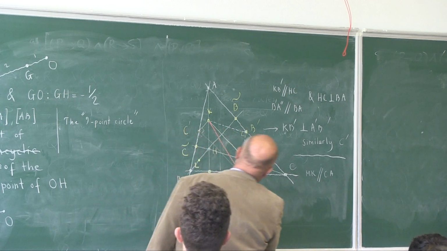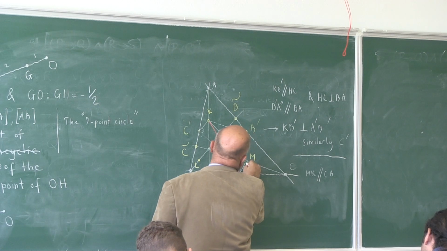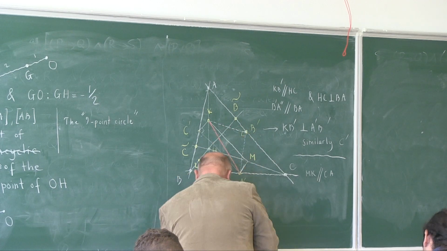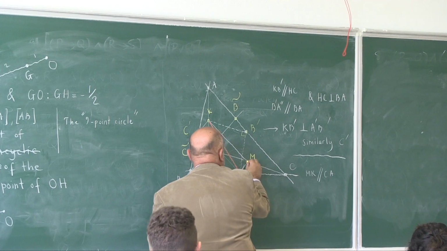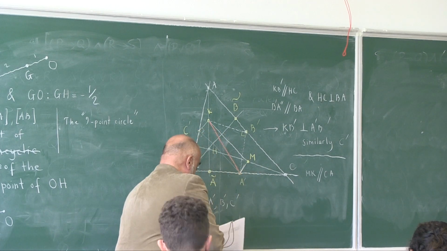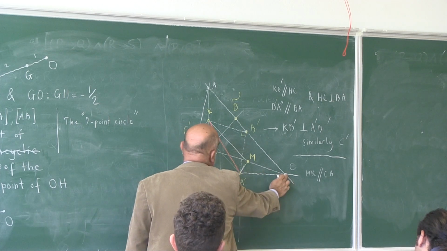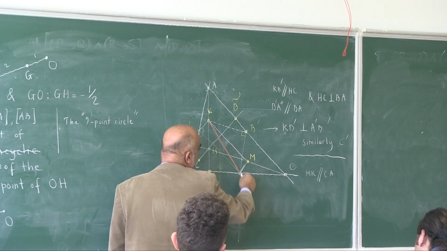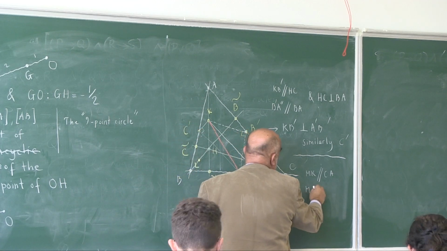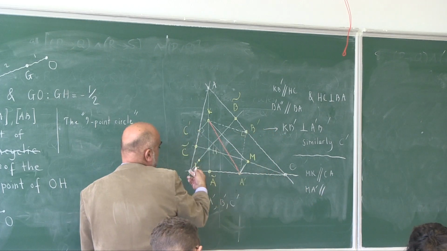This drawing is not easy on the blackboard. Anyhow, so MA prime. M is the midpoint of HC. A prime is the midpoint of BC. So MA prime is parallel to HB.